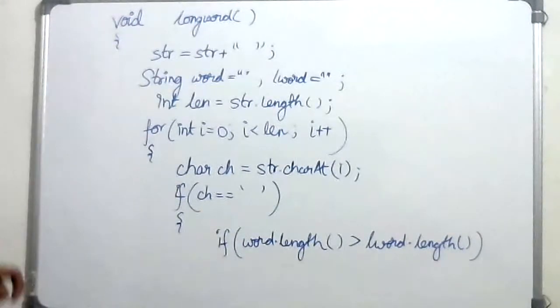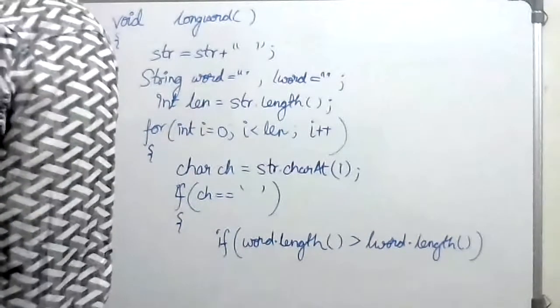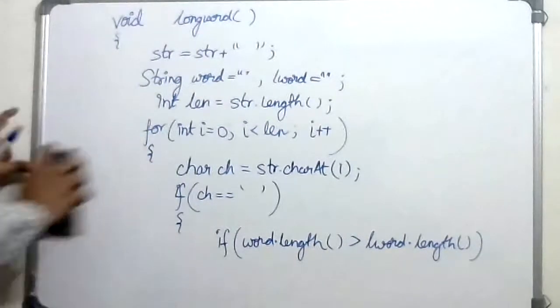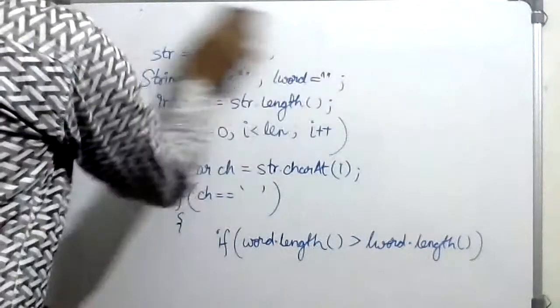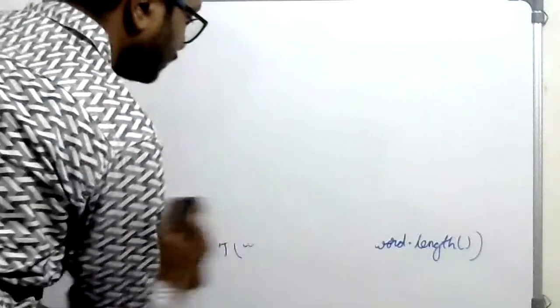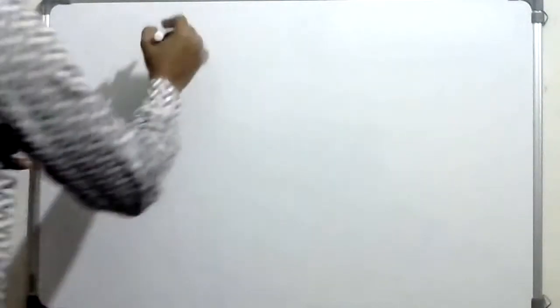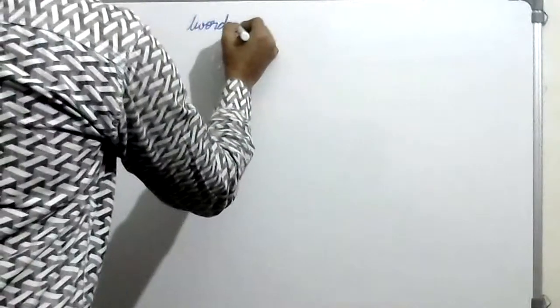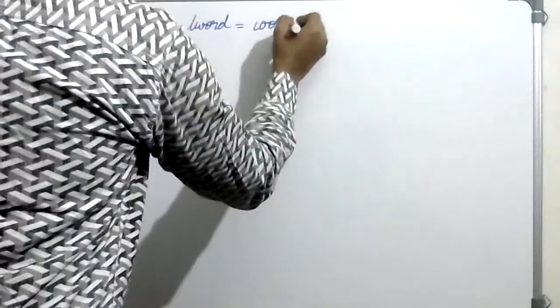If this holds true, I hope you have finished copying up till here. So I'm rubbing off the board. So if this condition holds true, then the new Lword will be the current word.